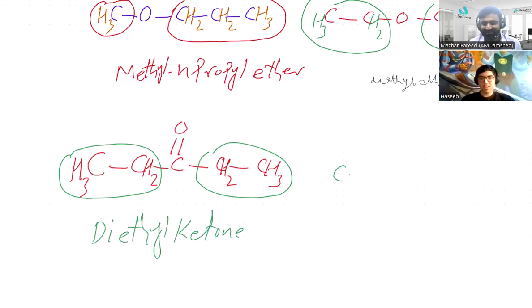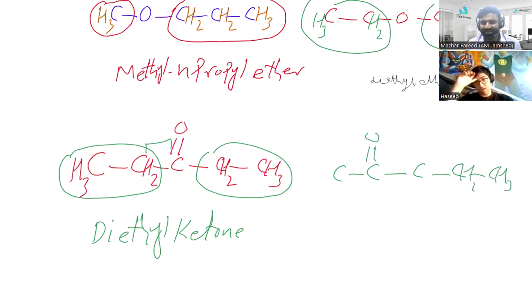You have to change the position of the functional group. You have to put it on this side. So here will come 3 hydrogen. Here will come 2 hydrogen. Here you place 2 hydrogen, and you will place 3 hydrogen. And there is no need to place any hydrogen. So what will be the name of this?